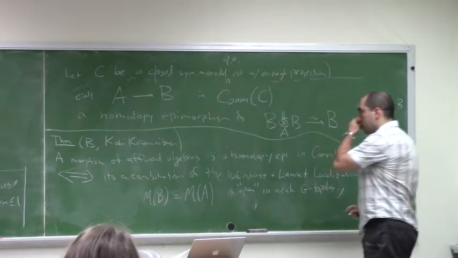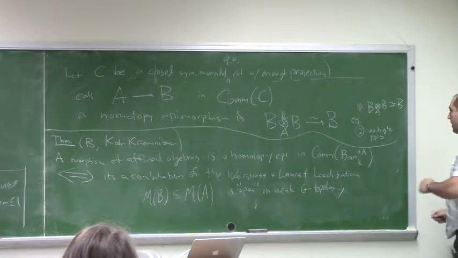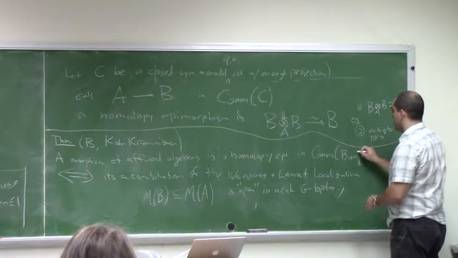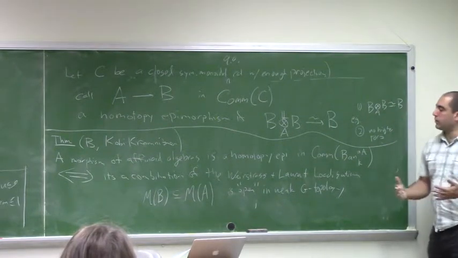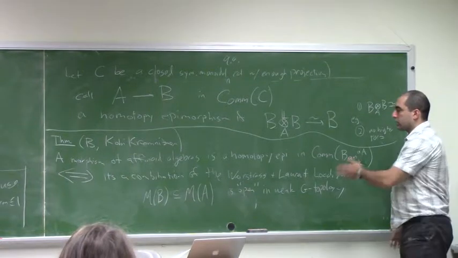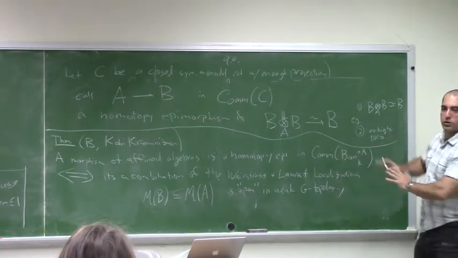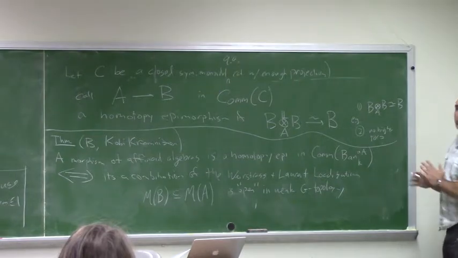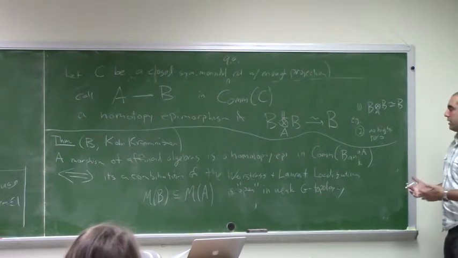Okay, and I should remark that if you look instead at just the category of vector spaces, and instead of affinoid algebras, you just take finitely generated algebras, the same theorem is true, it's not true as stated, but the same thing is true, and it will be a Zariski open.